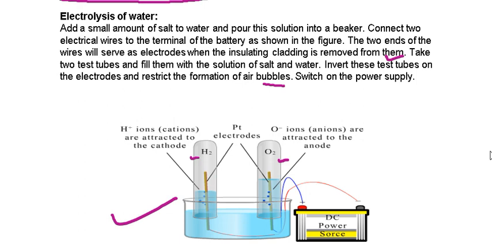Switch on the power supply. You can see here H is the positive ion, O is the negative ion, that is cations and anions. Here is the rod under the beaker with two test tubes, and here is the battery.